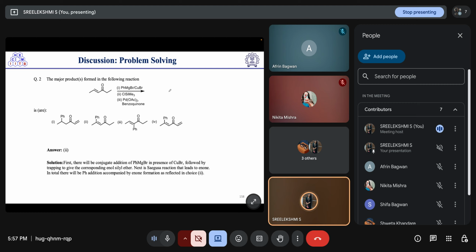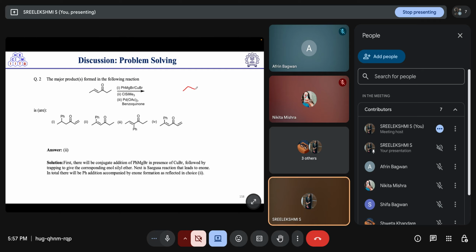Okay, so the correct answer is option 2. So I will explain step by step. So in the first step, what is happening? This phenyl magnesium bromide is there, but along with that, we are using this copper bromide also. So rather than 1,2 addition of this Grignard, Gilman reaction is taking place. So this 1,4 addition will be happening, and here the phenyl group will come.